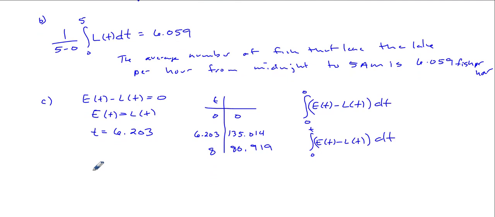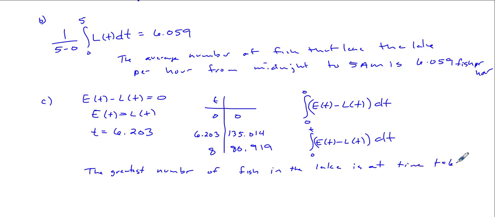Now, concluding statement: the greatest number of fish in the lake is at time t equals 6.203, period.